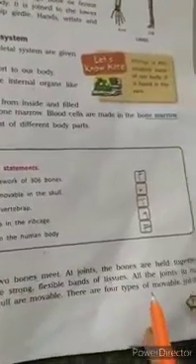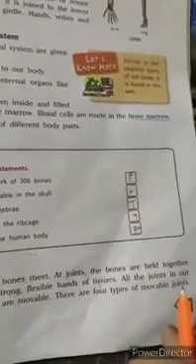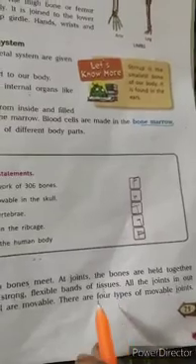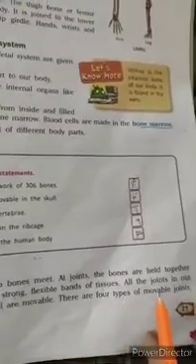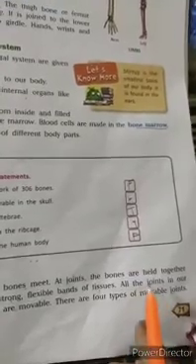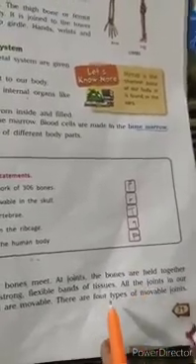There are 4 types of movable joints. So students, basically 4 types of movable joints are found in our body. Means the joints which we can move are of 4 types.